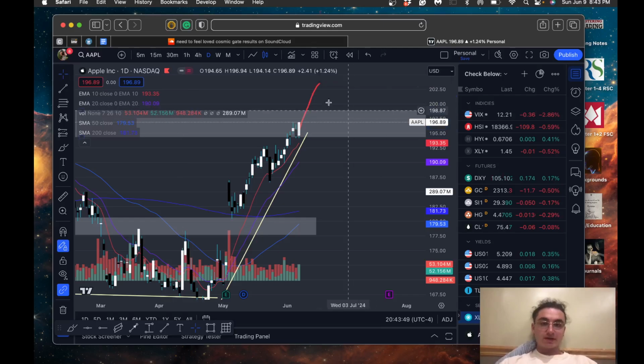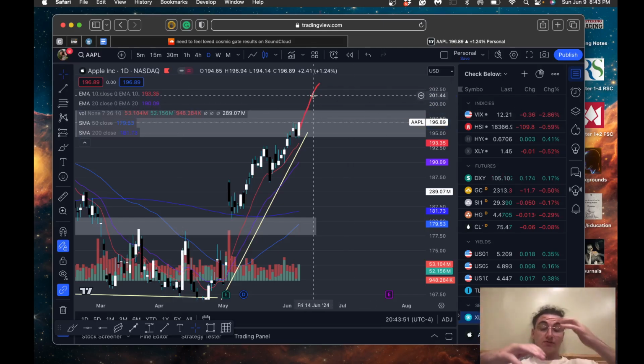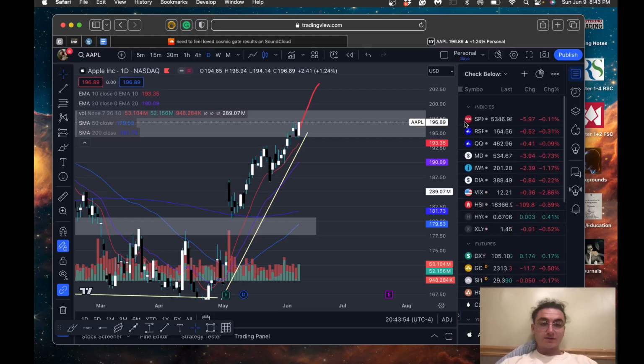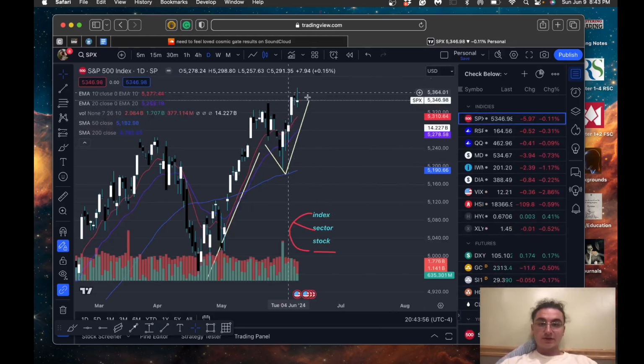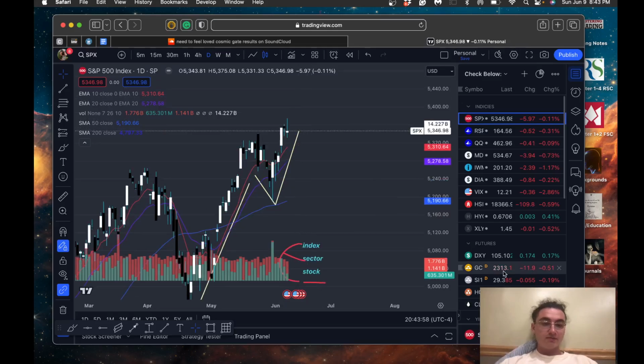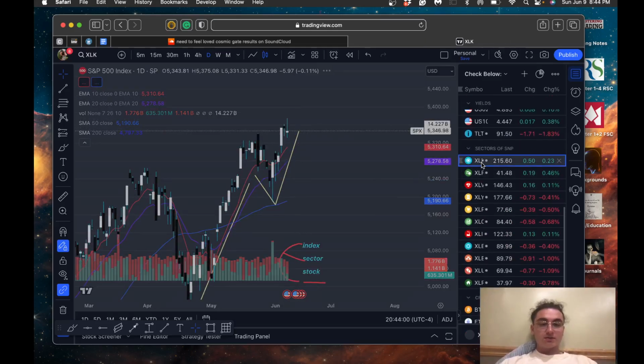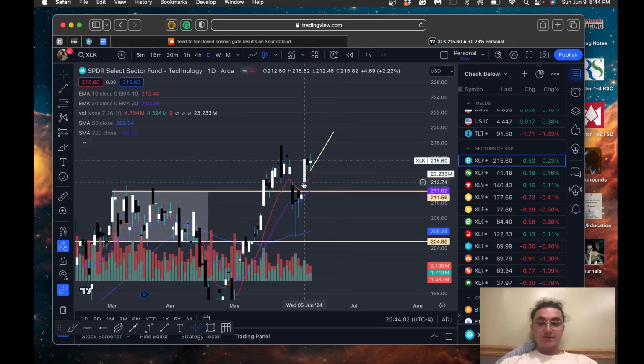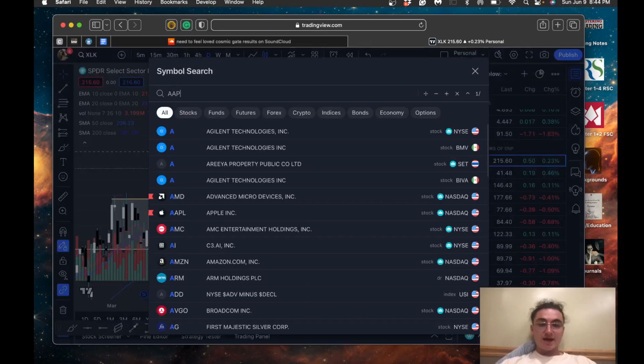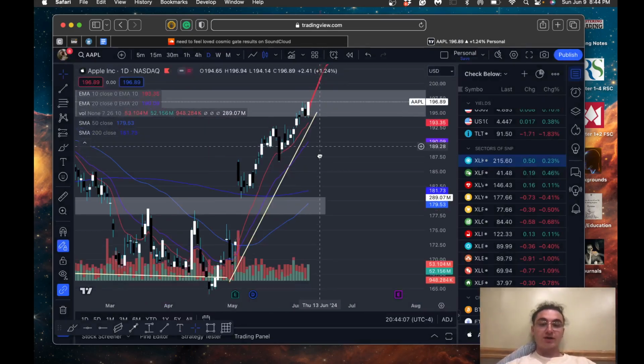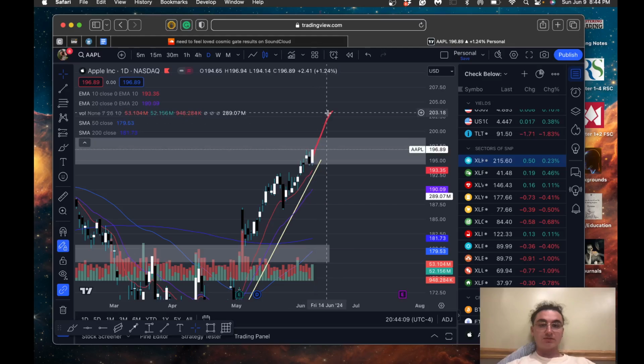Same kind of concept. If you get sector flow and index flow, so if the S&P gets inflow and we break out higher, and the tech sector gets inflow and we break out higher, then expect Apple to really break out higher. Like seriously get a good push.